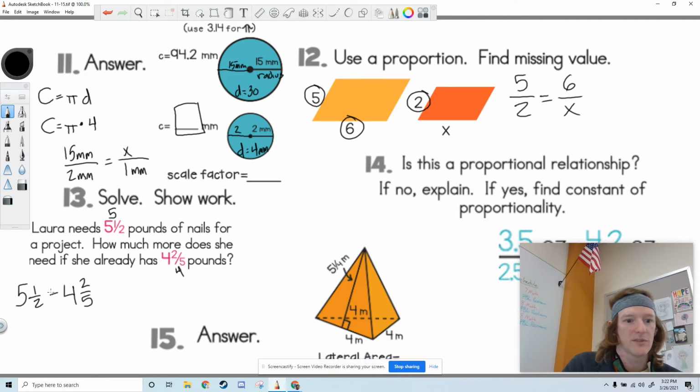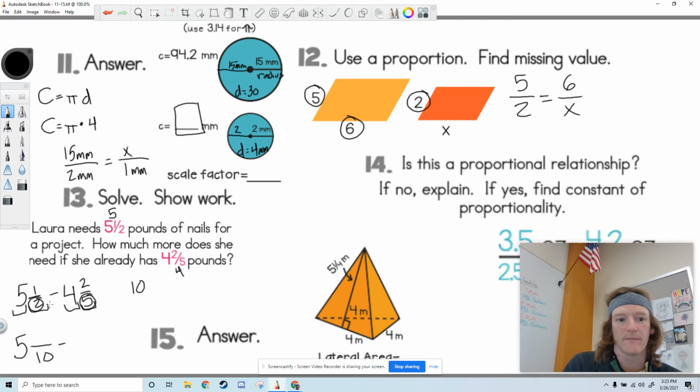Now, sometimes we won't have to even change these to improper fractions, because we might be able to just subtract in 2 parts. We might be able to do our wholes and do our fractions. However, we're going to need a common denominator. So this one's going to turn into 5 1/2. And when we look at 2 and 5, my common denominator is going to have to be 10, because I can make a 10 with 2 and I can make a 10 with 5.